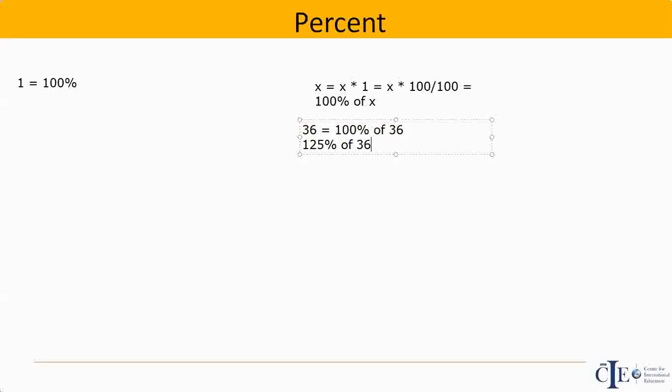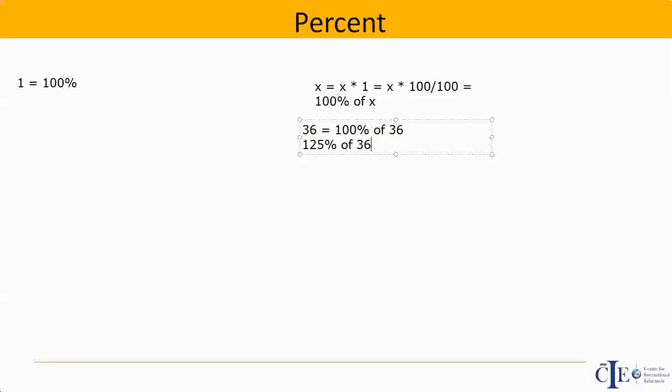Now 125% would be 5 by 4. You can simply convert that. So 5 by 4 into 36: 4 9s are 36, and 9 5s are 45. So at 125%, you can write 125 over 100, which is 5 by 4.